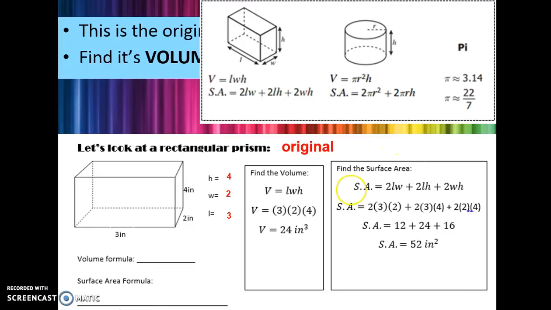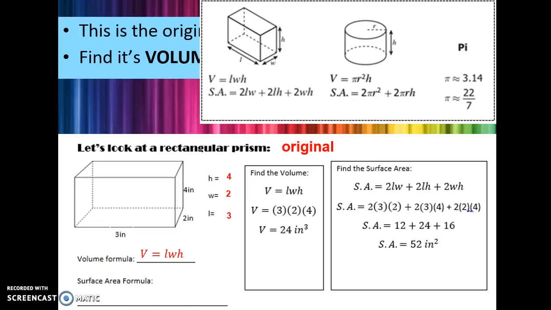So the volume formula that we used can either be found on your formula sheet right here underneath the rectangular prism, or you can find it here on your notes. So let's write in the volume formula, which is V equals LWH, length, width, height.